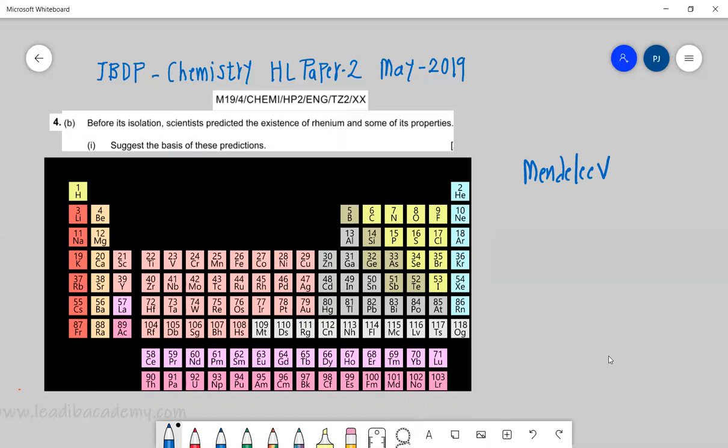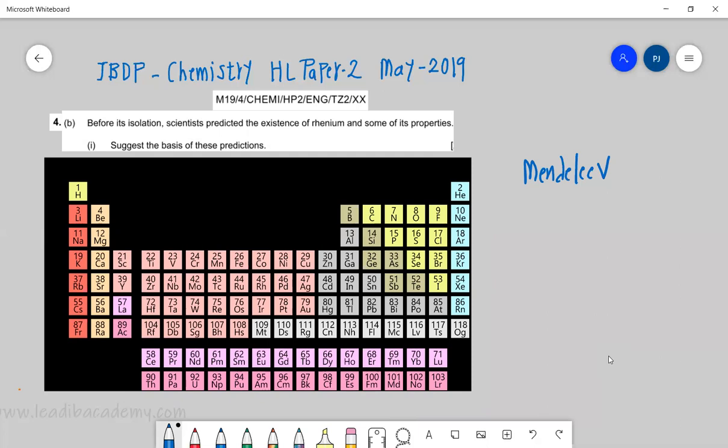When he constructed the periodic table, he started coming out with this idea of arranging the elements which were in existence at that time.